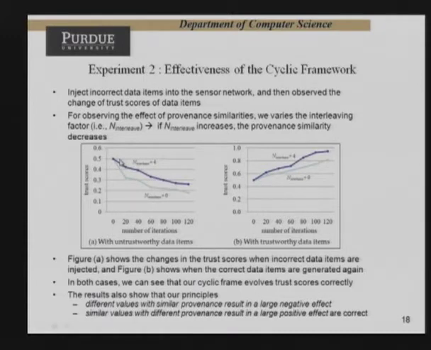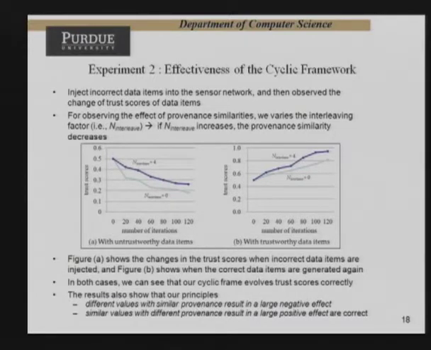We inject some incorrect data into the sensor network and see what happens to the data trust scores. And after the 20 or 40 cyclic computations, we can see that the data trust score will reflect the injection of the incorrect data.